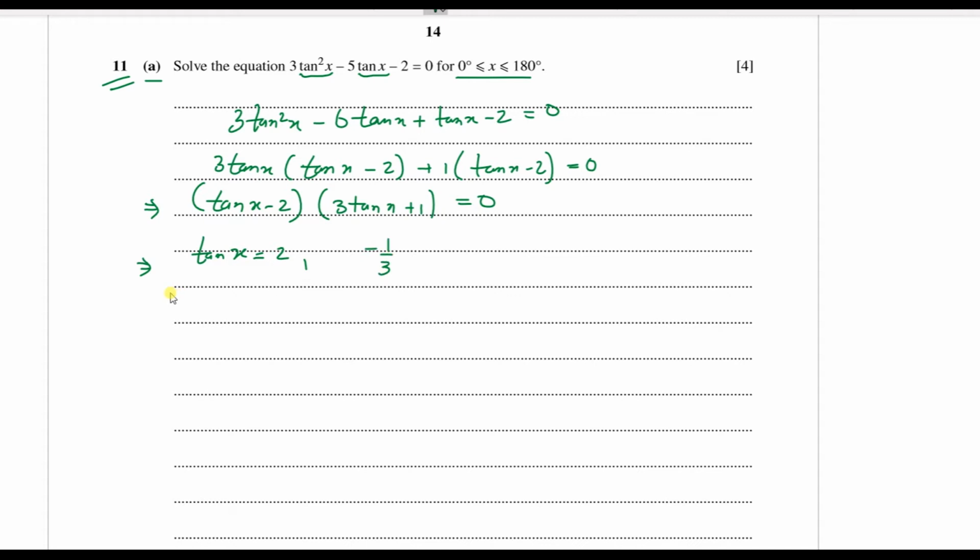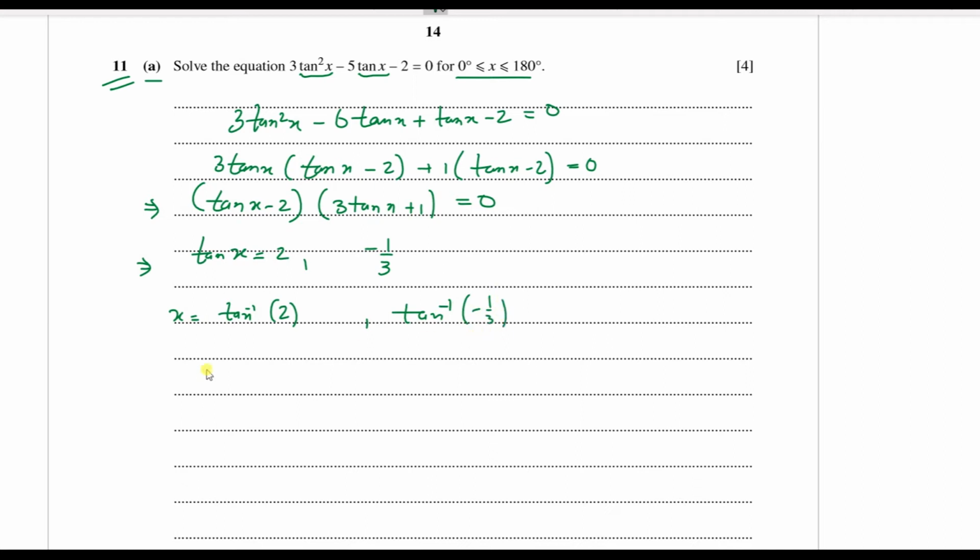So now we have tan x, so we know how to find x, the required angle, and that would be tan inverse of 2 and tan inverse of minus 1 over 3. So from here x will be either tan inverse of 2 or tan inverse of minus 1 over 3.